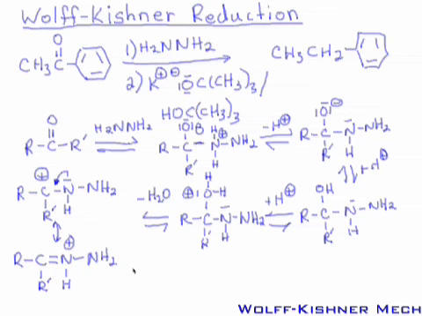And now we go minus H plus, and we have our hydrazone, which, if it was based on acetophenone, the starting reagent, this is acetophenone, then we would have made acetophenone hydrazone.